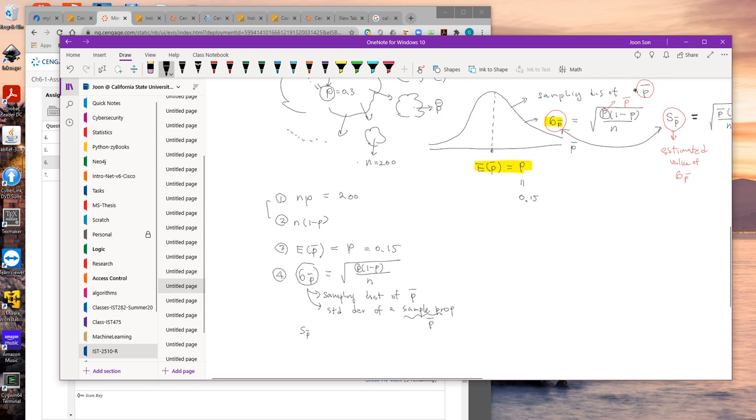Since we know p, which is 0.15, we can use the standard deviation of a sample proportion to find this value.